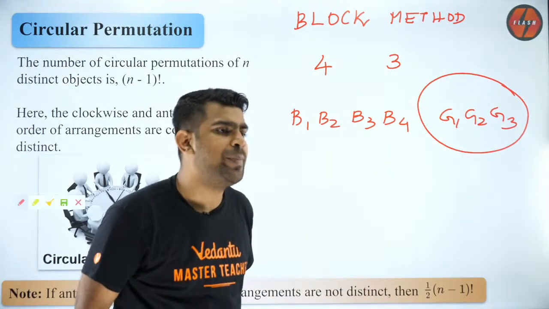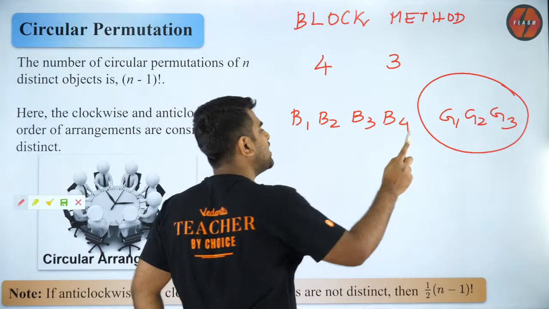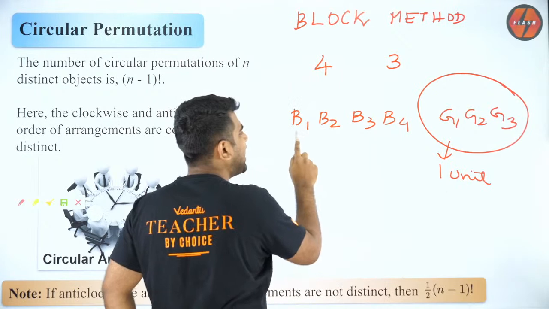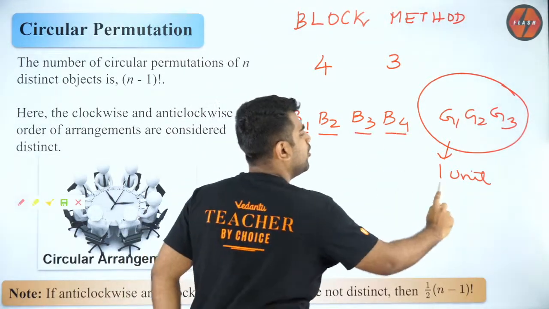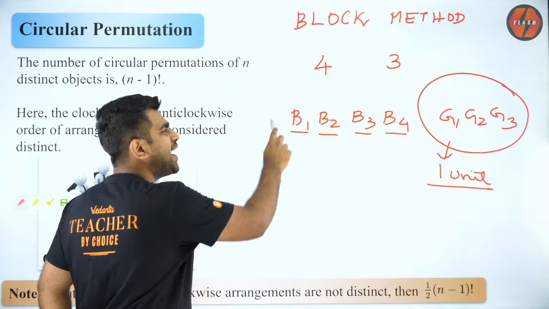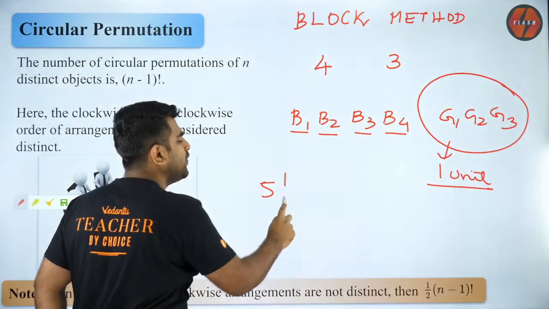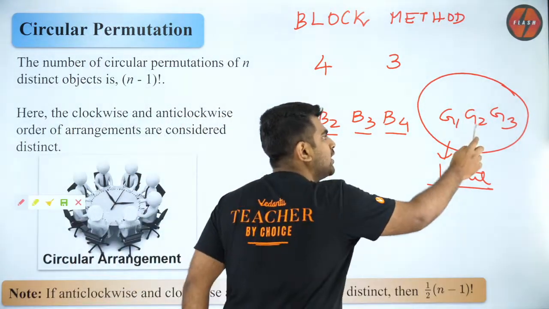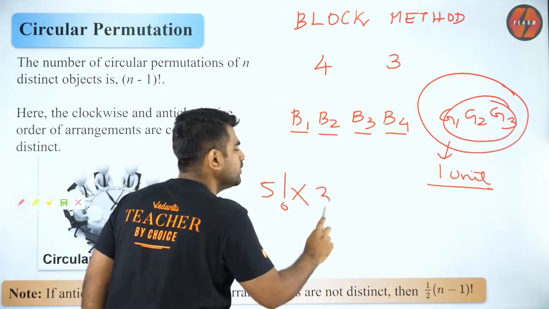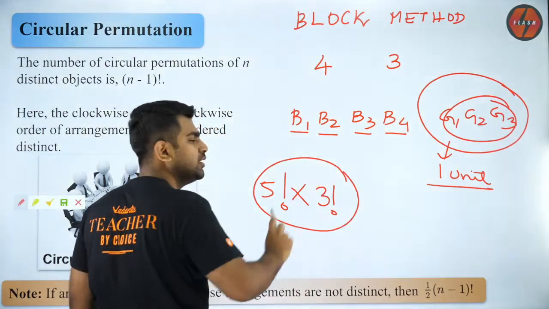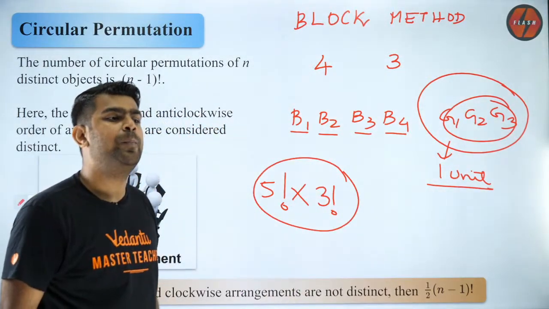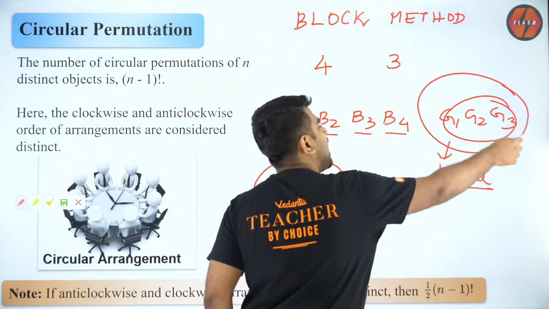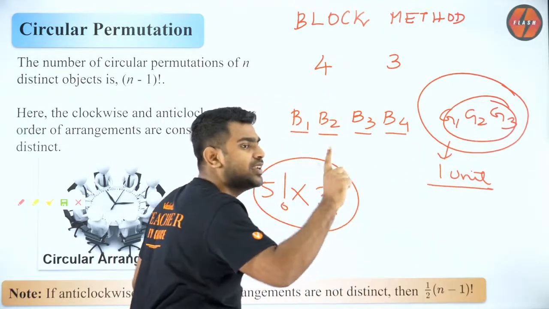You put the girls in a bag and you consider the bag as 1 unit. So I have 1, 2, 3, 4, 5 people. So 5 people can be permuted in 5 factorial ways, and inside the bag the girls can permute in 3 factorial ways. So this is the answer. This is what I call the block method. Why block? Because these 3 girls together are considered as a single block.